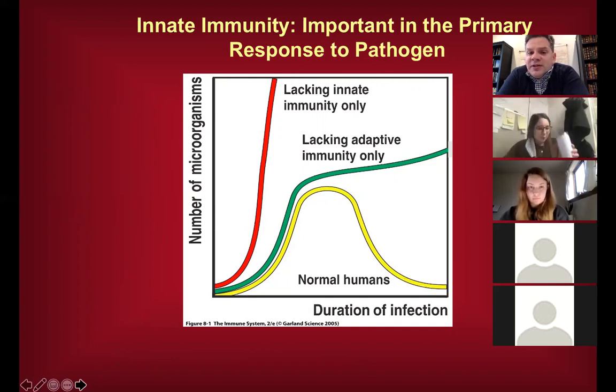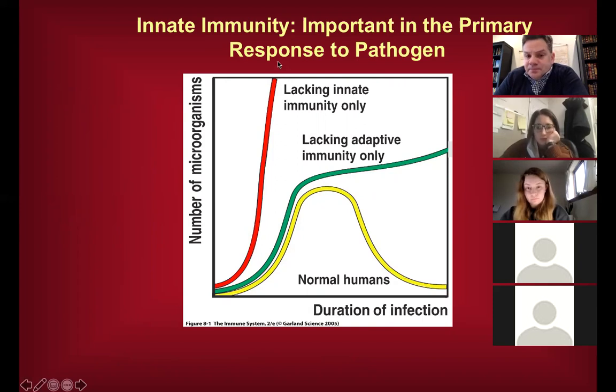This little red line here is showing what would happen in terms of the number of microorganisms if you were lacking the innate immune system only. You would never really get a chance to get to the adaptive, so you'd succumb quickly.